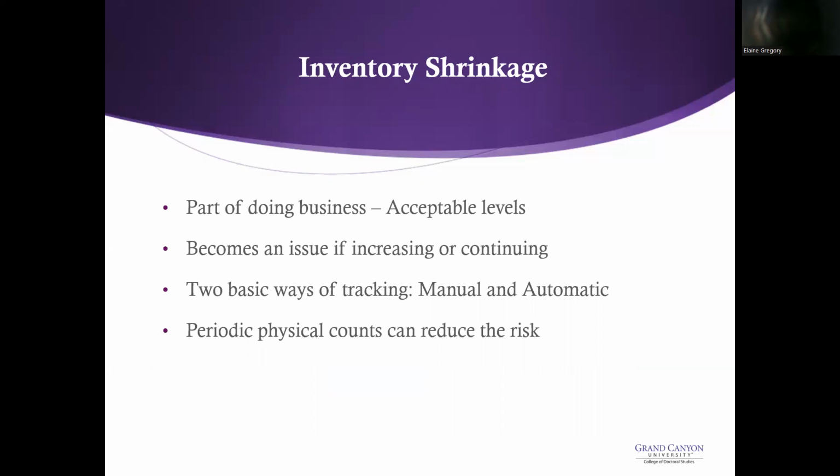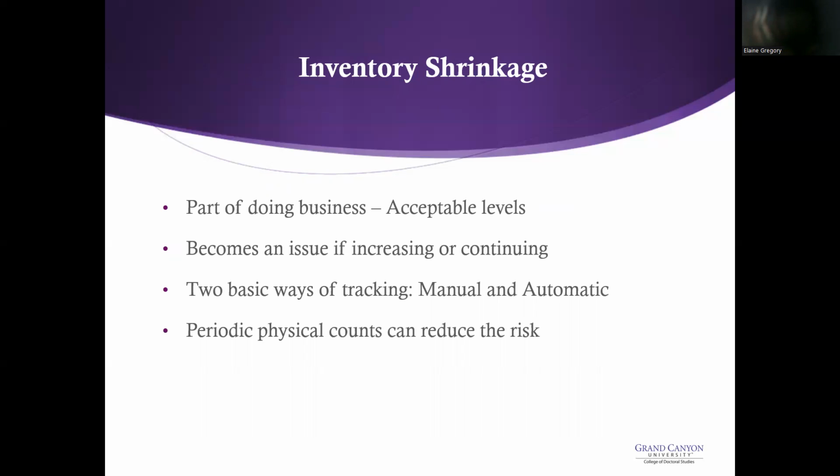Now, we've talked about inventory walking out of the back. Sometimes there's inventory shrinkage, and that is a part of doing business, but there needs to be acceptable levels of what shrinkage is. Shrinkage could be due to the fact that we bought and paid for the inventory items, and then we found out that maybe they spoiled.